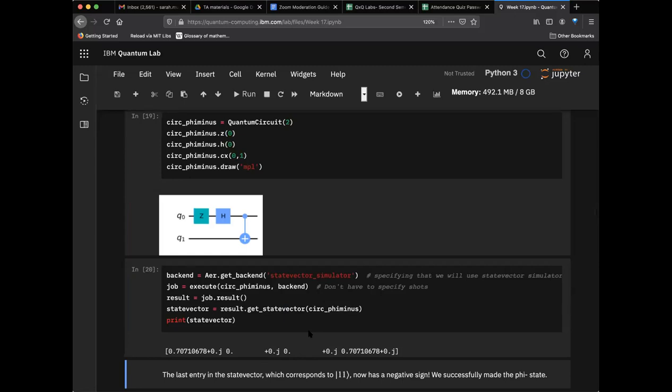I'll open up the question if anyone can think why this didn't work, why we couldn't just do the Z first, because it is a really important nuance, and it depends on our initialization for our states, and if we initialize to a different state, then this Z gate operation could totally work.